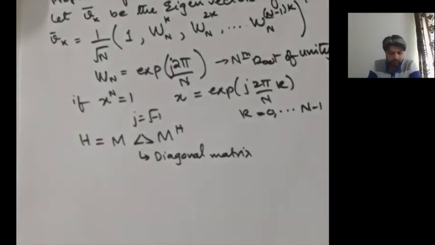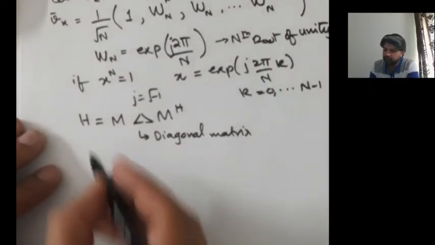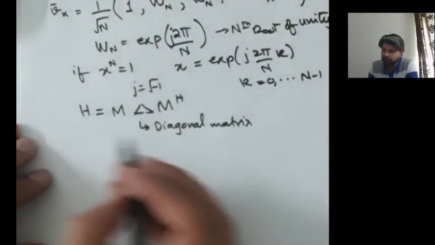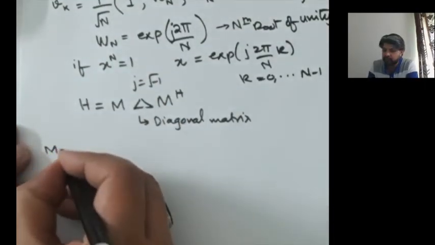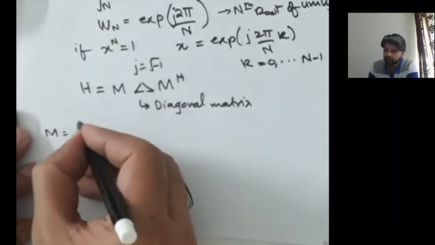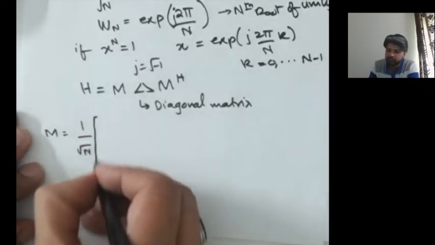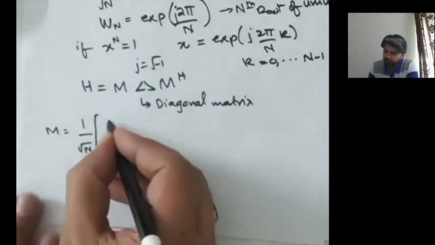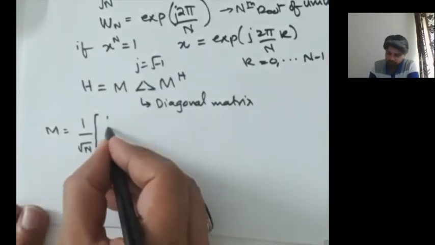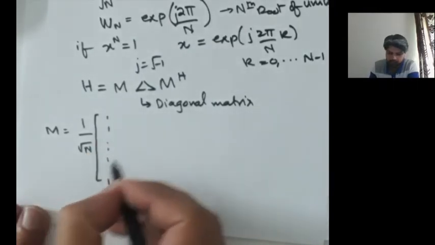Right? So in other words, M would have these eigenvectors placed in it. M would be 1 over root n, so that the norm of all the vectors is 1. It would have 1, 1, all the way to 1.